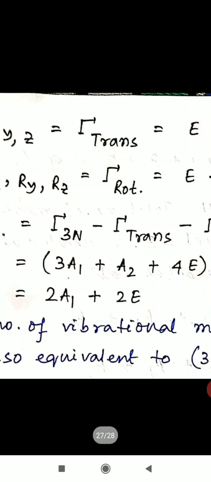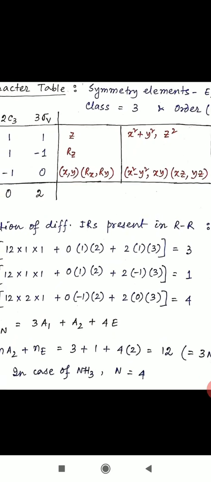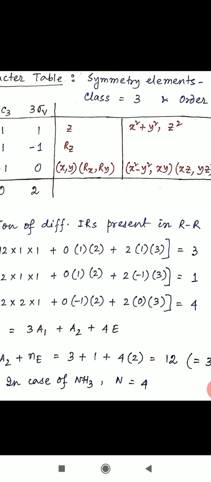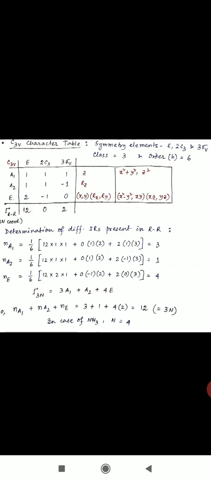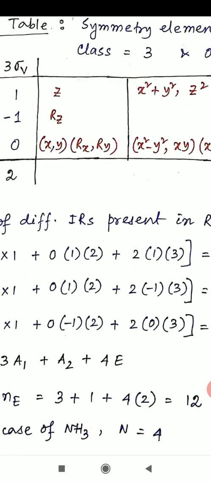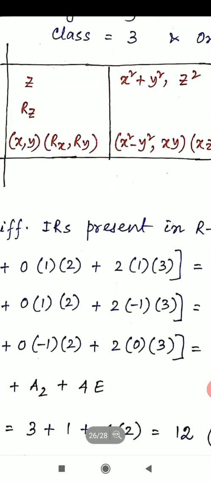Next, in case of C3V, what are the vibrational modes? The vibrational modes are 2A1 plus 2E. Now I am checking in case of A1 and E, is there any x, y, z? Obviously, we can check that in A1 the z is there, and in E the x and y are there. So both are IR active. Again, in A1 you can check the quadratic functions, that is x square plus y square and z square.